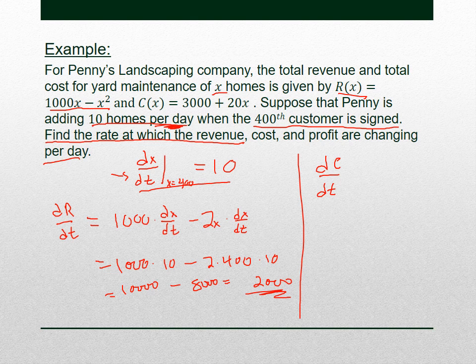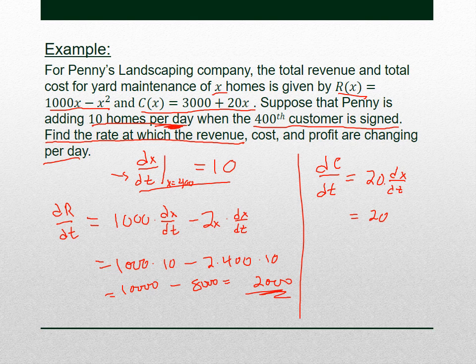For the cost, we'll do that one on the right side of this. So dx/dt is still 10. That hasn't changed. But now, to get the rate at which the cost is changing per day, that'd be something like dC/dt. And to do that, we're going to take the derivative of this cost function implicitly with respect to t.